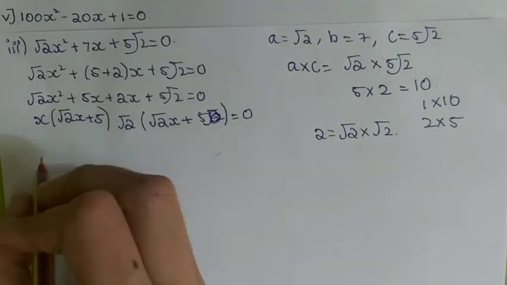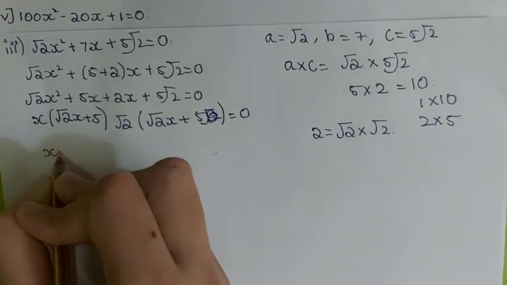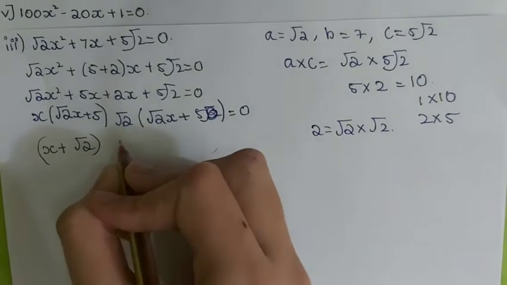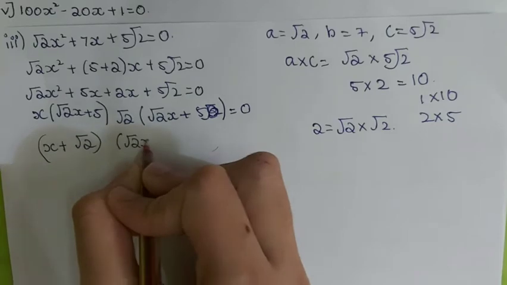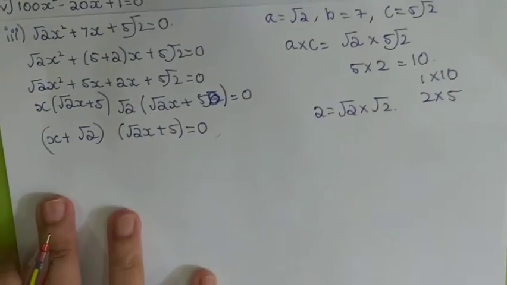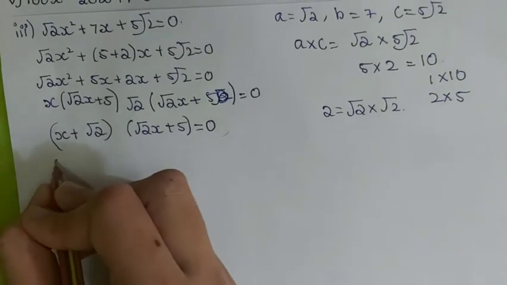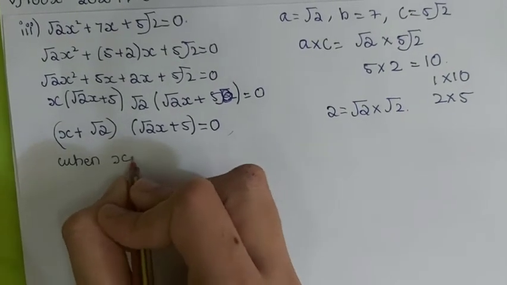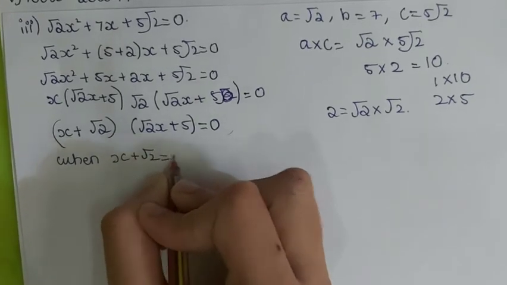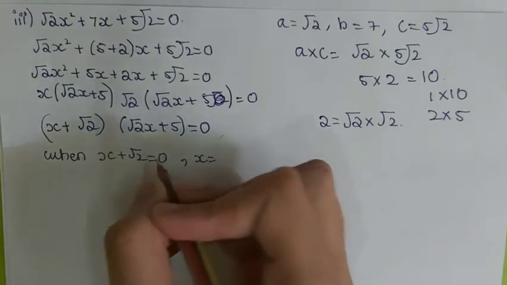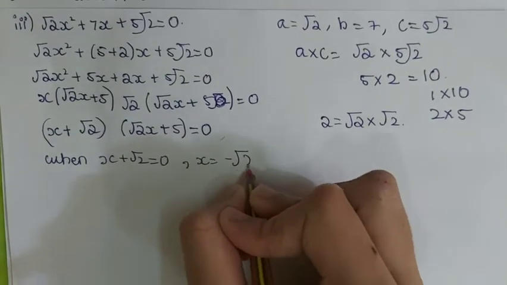So now the two factors we got are x plus root 2 and root 2 x plus 5. When x plus root 2 is equal to 0, x is equal to root 2 on the other side, that becomes minus root 2.